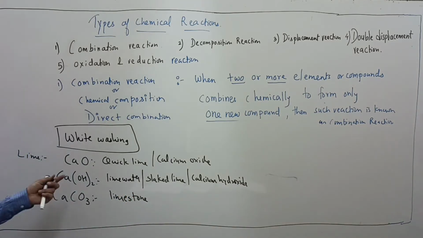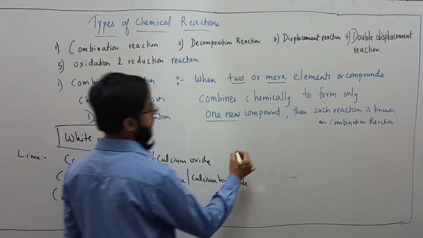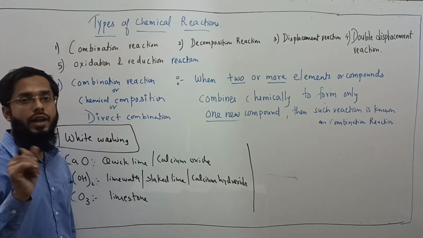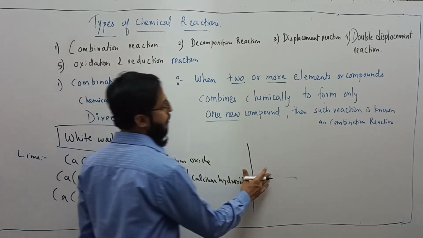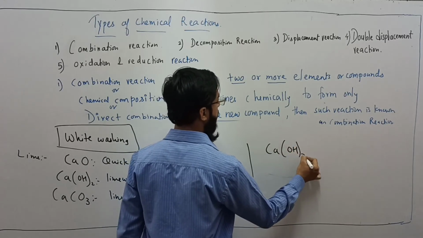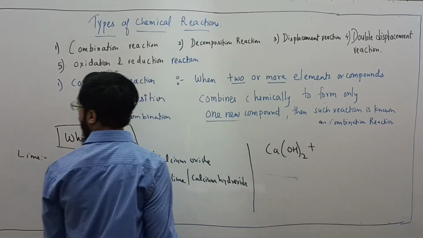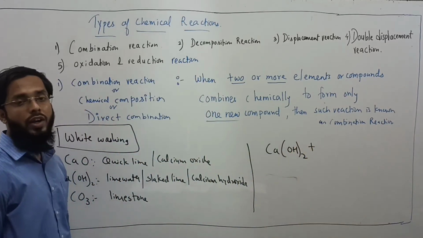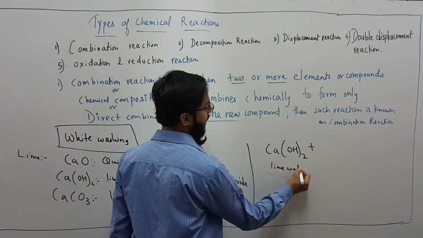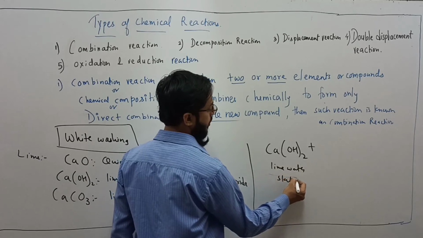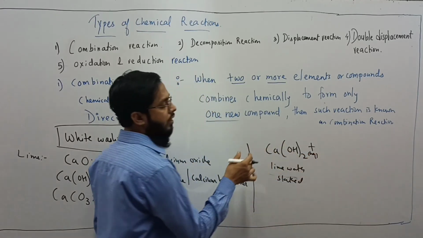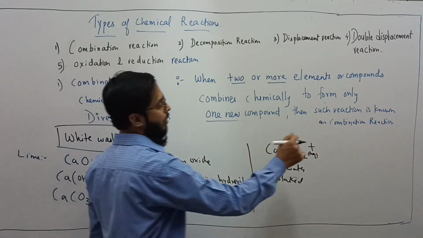Okay, now let's talk about whitewashing. In buildings, whitewashing occurs with the help of lime water. Lime water, or we can say slaked lime, is used for whitewashing the buildings.